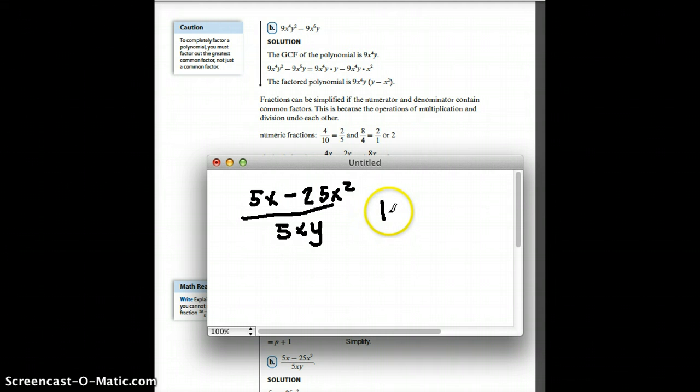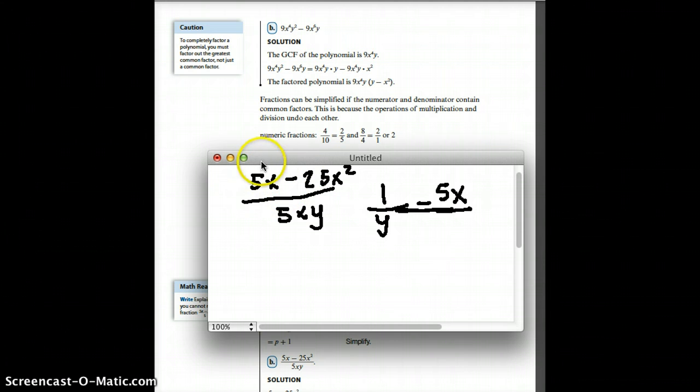X divided by x is nothing. They cancel each other out, leaving me with the y underneath. Minus 25 divided by 5 is negative 5. X squared divided by x: here's where you subtract. That leads you to the 1x, and the y is underneath. So we can actually combine these two. It would be 1 minus 5x over y.